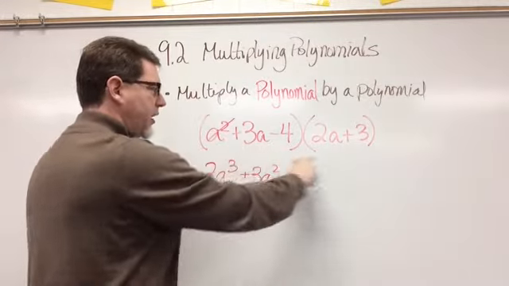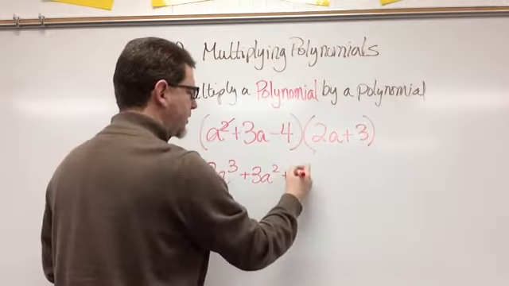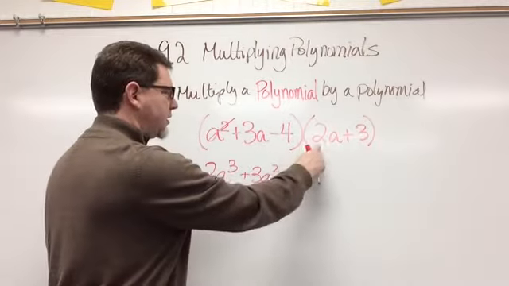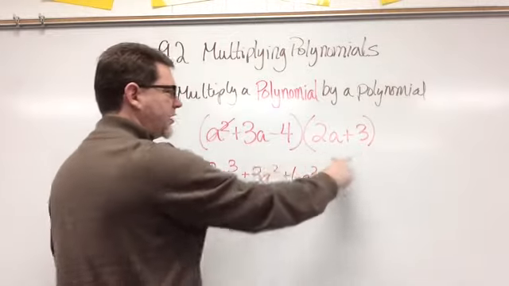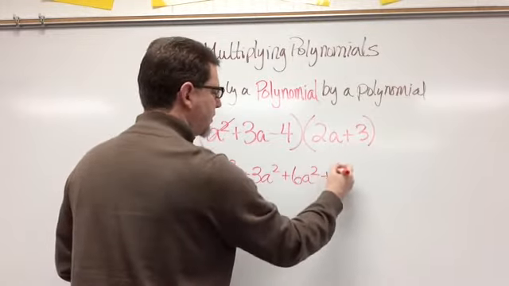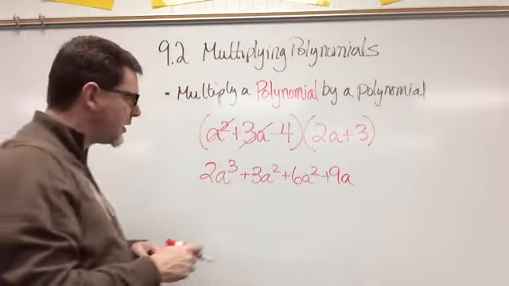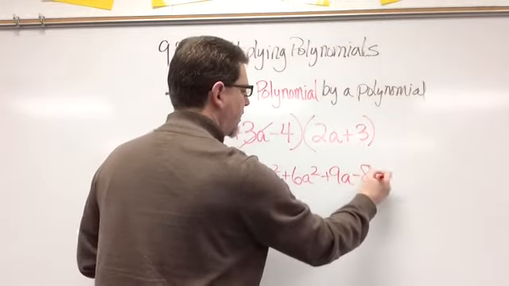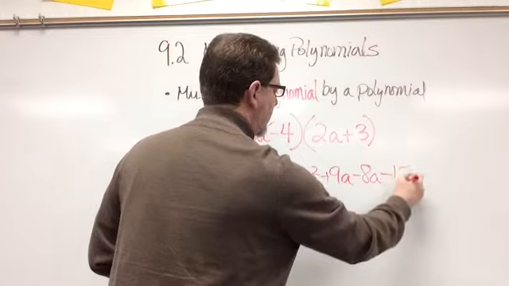And I'm going to do the 3a times everything in the binomial. 3a times 2a is positive 6a squared, because 3 times 2 is 6, and a times a is a squared. And then 3a times 3 is plus 9a, so I'm going to cross that one out. And now I need negative 4 times 2a, which is negative 8a, and negative 4 times 3 is negative 12.